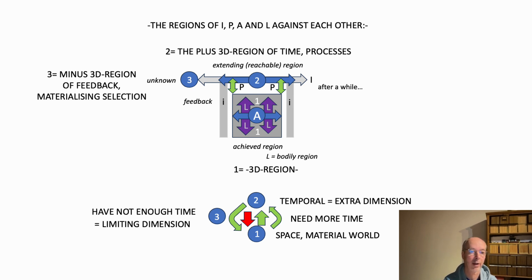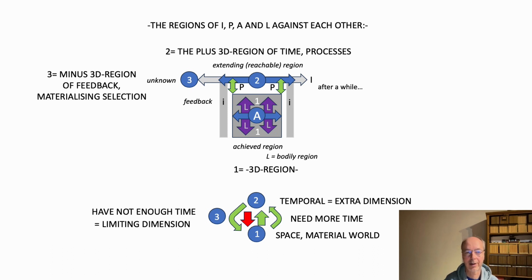The outer region, the last region, is everything which we cannot grasp yet. So the unknown elements, which can also be integrated, are expressed by the E.